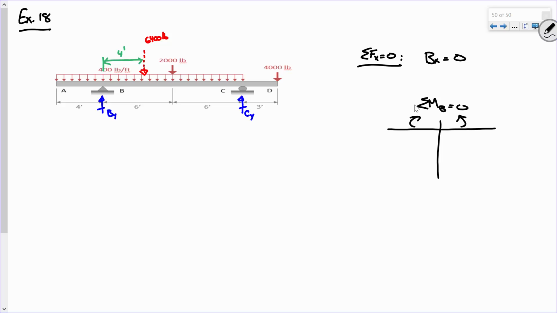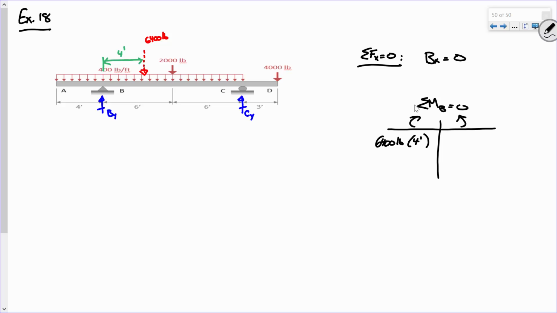The left side, because here's B, here's the 6,400 pounds, rotating like this, right? So it belongs on the left side. Now from B, how far is that force? 4 foot, right? So 6,400 times four foot. All right. What's next?